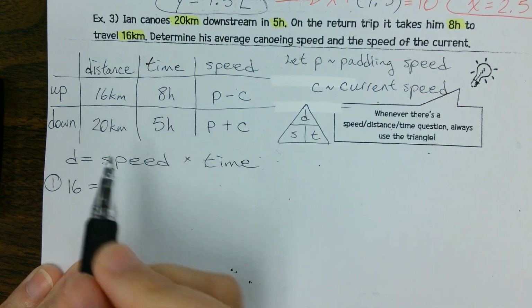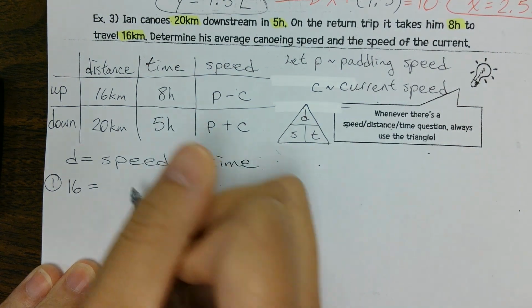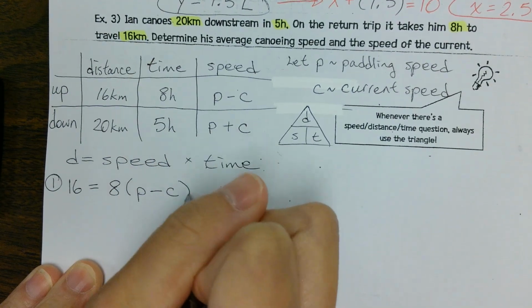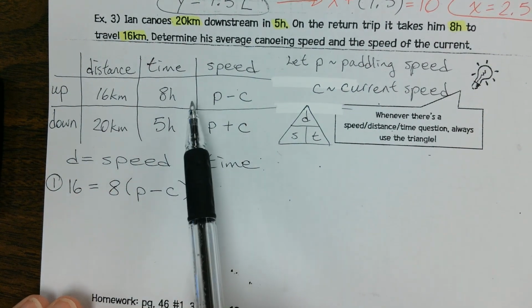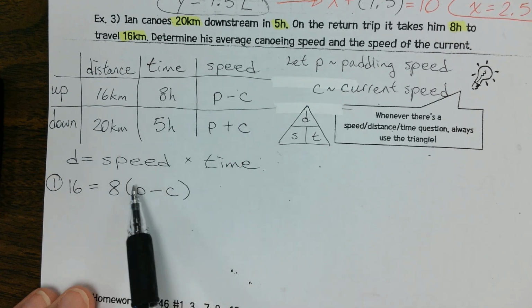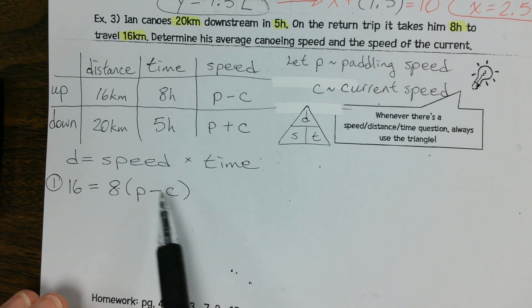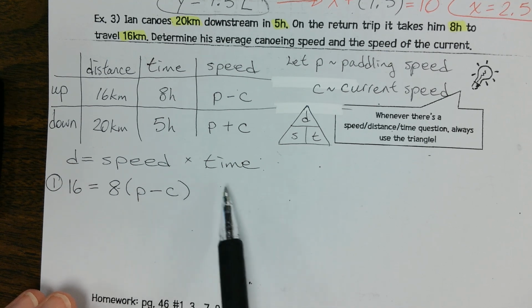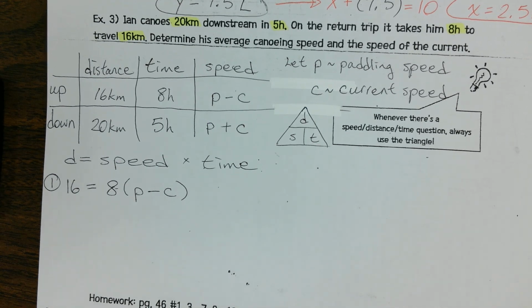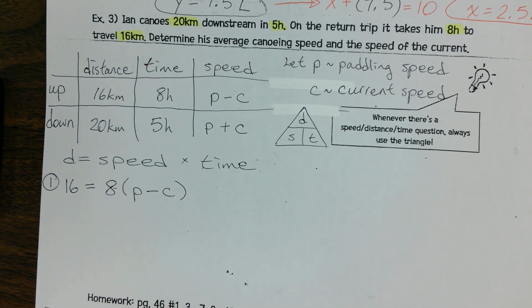Don't include units in your equation, so it's 16 equals speed times 8, or the other way around. Speed times time is the same as time times speed. I write it like this instead of P minus C times 8 because it looks nicer, like how we are used to seeing it. The format is more friendly.